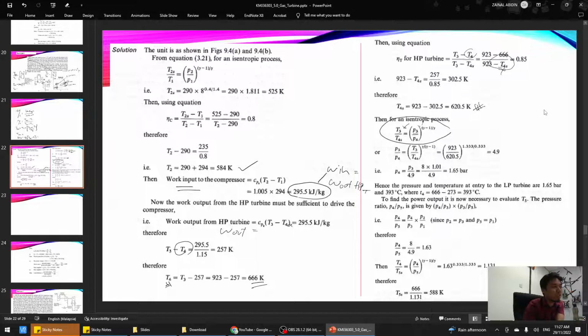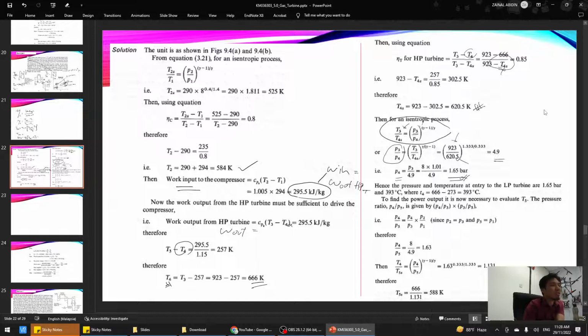You boleh guna terus nisbah. Sebab tu digunakan nisbah ni, P3 over P4 equal to T3 over T4S. Masuklah nilai 923 dengan 620, dapatlah nisbah P3 over P4 ialah 4.9. Okay, nak cari P4, you tahu P3 berapa, dapatlah P4 1.65 bar.